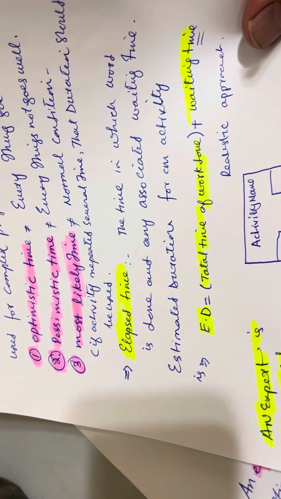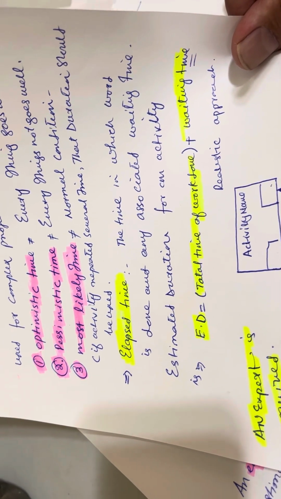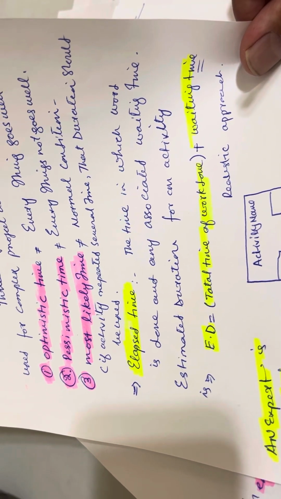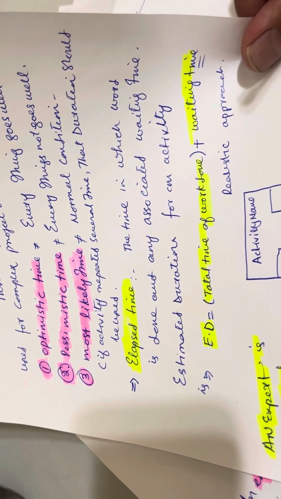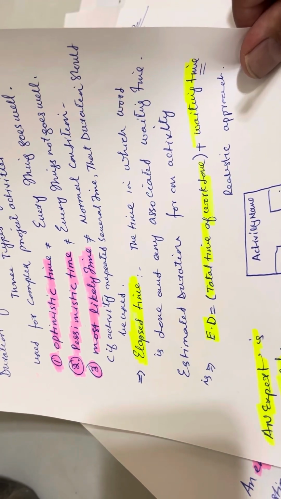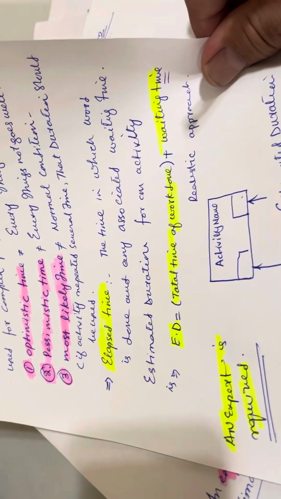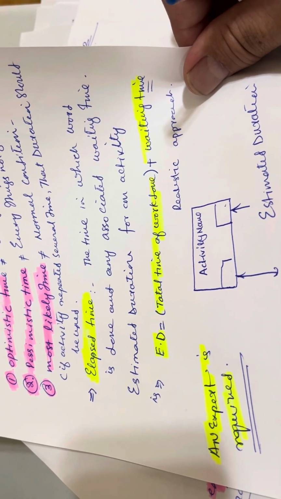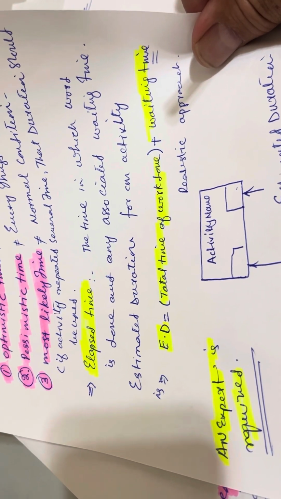It is the time in which work is done plus any associated waiting time. So estimated duration is equal to the total time of work done plus waiting time.